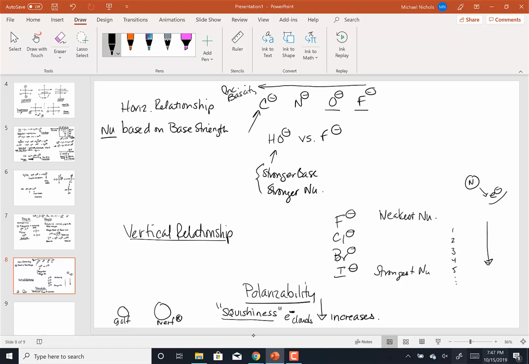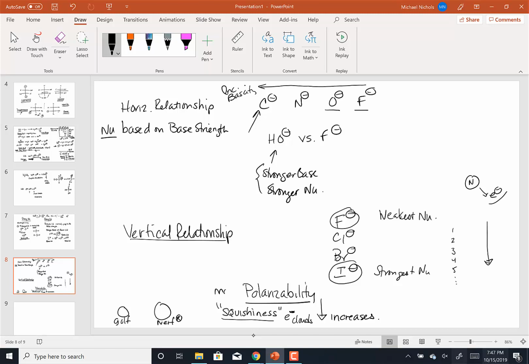So iodine, being a bigger ion, its electron clouds can be more deformed than fluorine's, and so I sort of treat iodine as if it's a Nerf ball that I can squeeze and deform the electron clouds, and fluorine is more of a very solid golf ball that I can't deform because those electrons are held very tightly to the nucleus. So what we find is that as you go down the periodic table, polarizability increases.